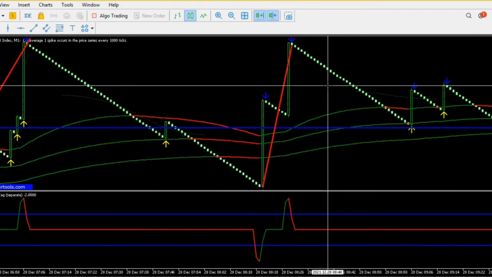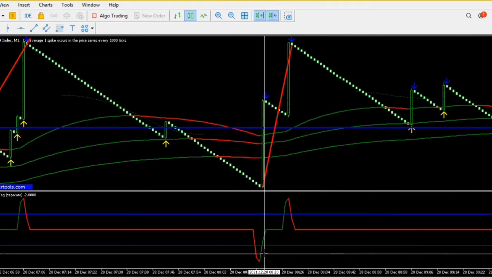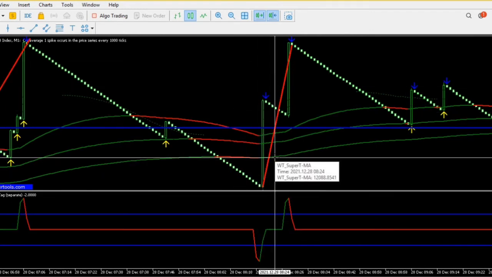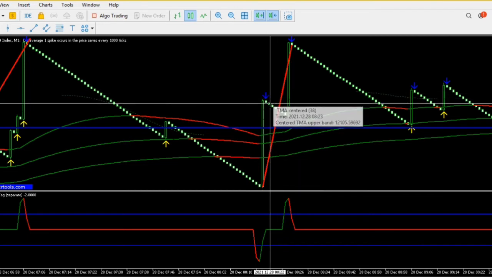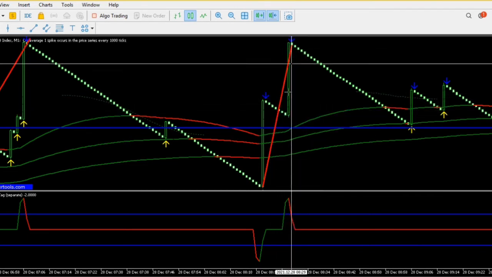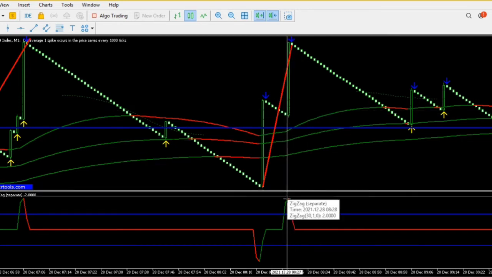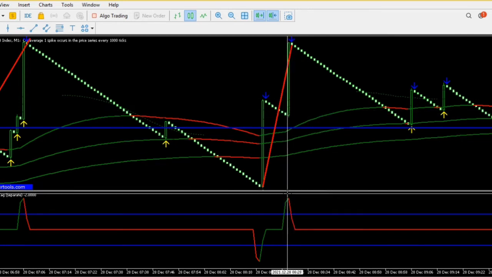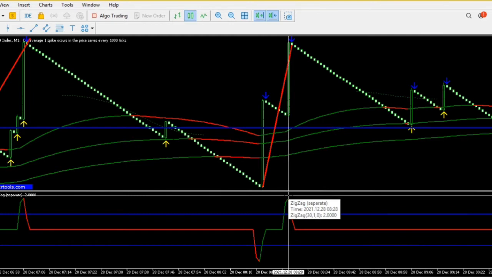So if you notice here, we were able to get an entry immediately after the spikes. It broke the moving average, and we entered, and we were able to catch this spike, but immediately it wasn't able to be a long buy, as the zigzag indicator went above level 70 again. So we just had to go out of the market.